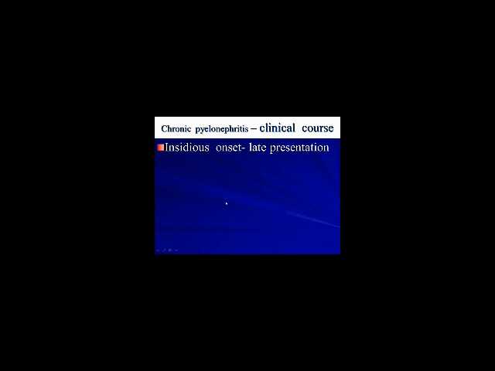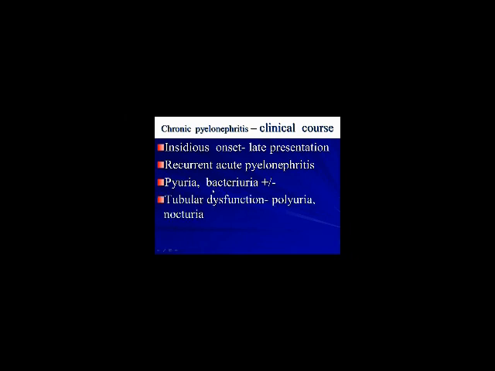Now, chronic pyelonephritis, since it is a slow growing process, patients present late in the course of disease. And they have recurrent attacks of acute pyelonephritis because of either blockage in the urinary tract or reflux nephropathy. On urine examination, bacteria and pus cells may or may not be present, and tubular dysfunction is present, in the form of polyuria or nocturia, because the main function of the tubule, concentration of urine, does not occur.